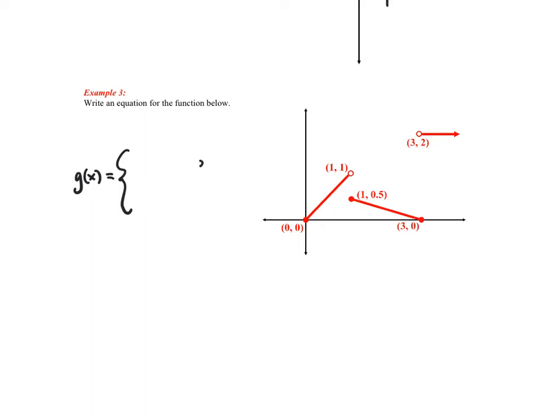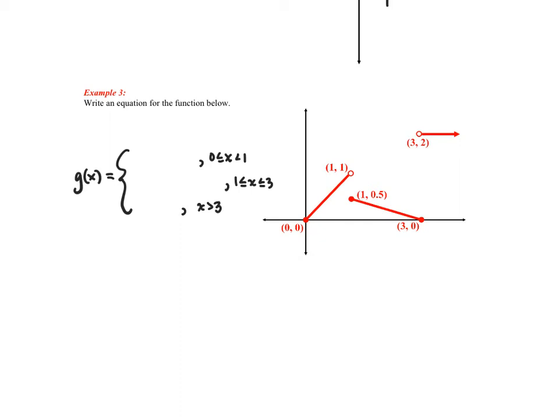So that would be x is greater than or equal to 0 and less than 1. For the second part of our piecewise function, we would go from 1 inclusive up to 3 inclusive. And then for the last part of our piecewise function, x would be greater than 3.